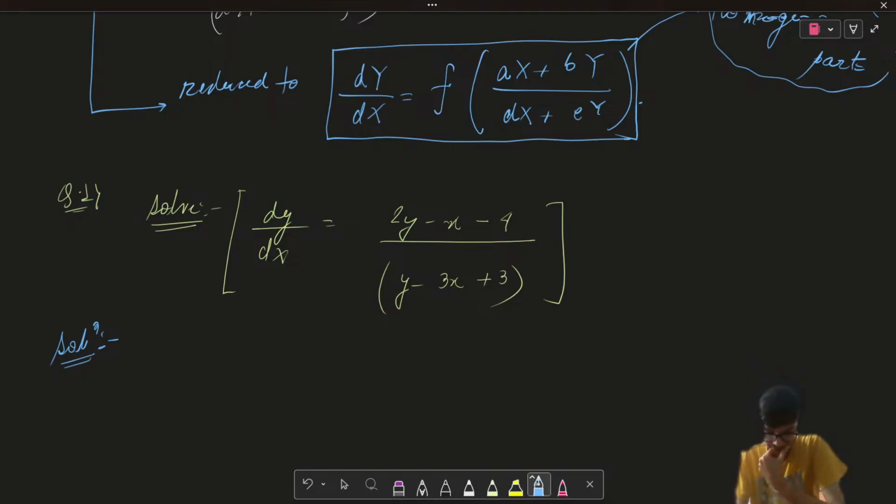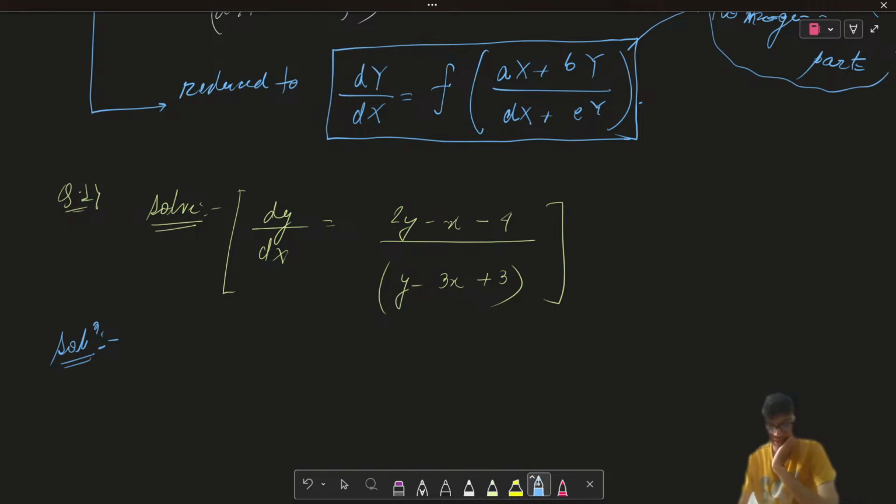Please solve this question and tell me the answer. Please try to solve this question.